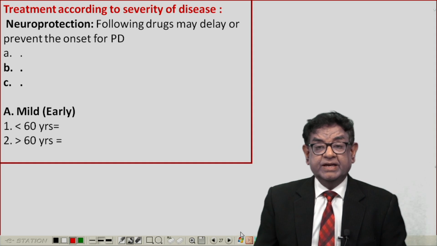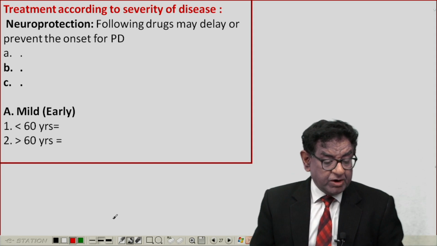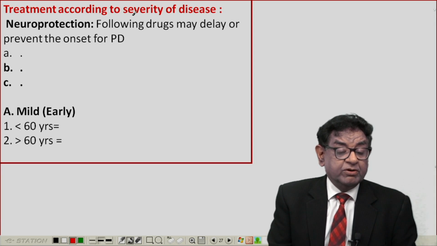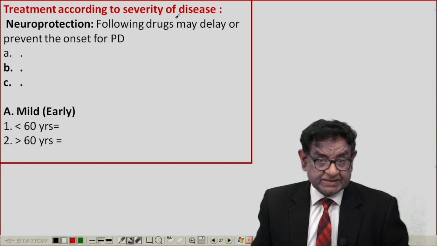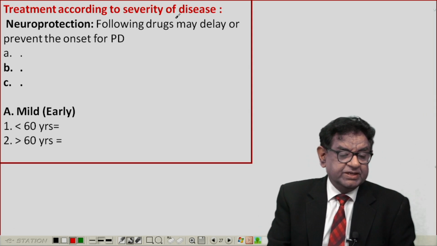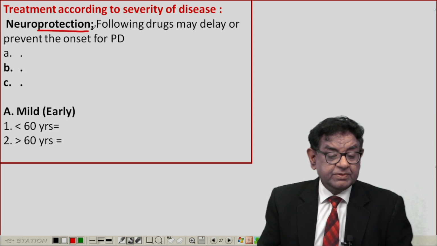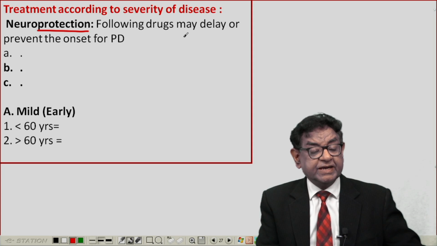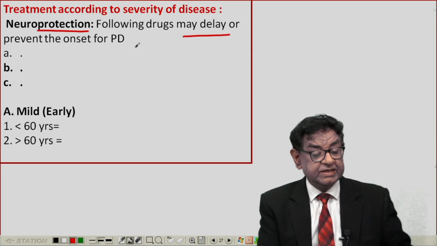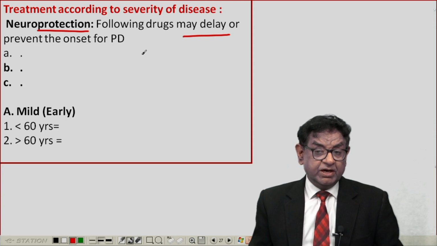Well, now we have understood the basic pharmacology of the drugs. Now how to treat a case of Parkinson's? Well, this depends on severity. Now a new thing has come up. Suppose a patient has come in the very early phase of the disease. We give certain drugs as neuroprotection, and these drugs can delay or prevent the onset of Parkinson's disease. Okay, but remember, they are not curative.